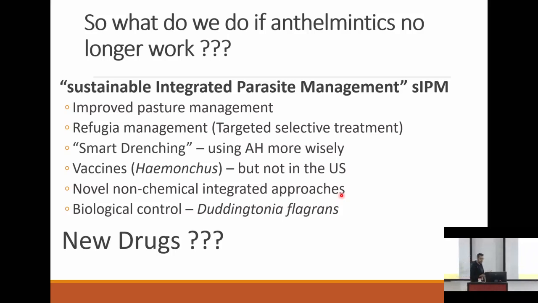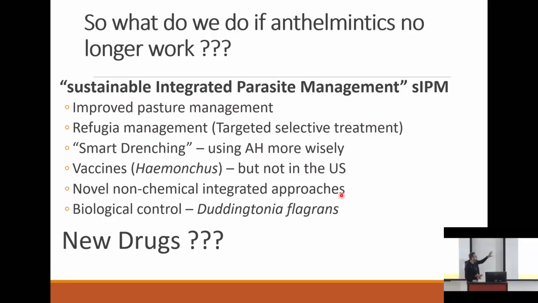Vaccine. There is a vaccine for haemonchosis in New Zealand and Australia, Barbervax, that is available there but not in the USA, and some non-chemical integrated approaches and biological control. We already discussed some fungi used as feed additives.